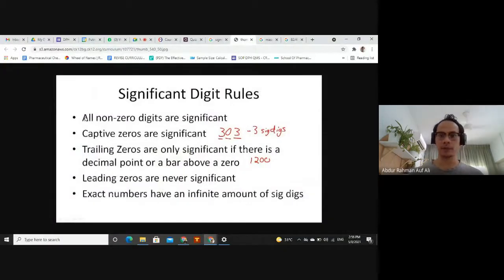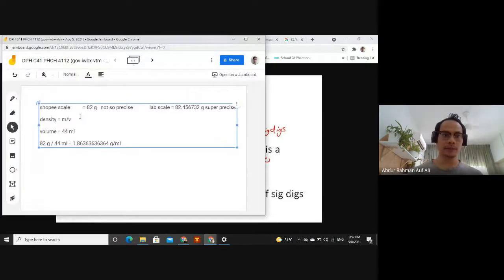Kalau dia bukan kosong, dia significant. So that means 8 ini significant, 2 is also significant, 4 is significant, this 4 is also significant. So we only know 2 significant saja, 2 sig figs only. So kalau kita nak report our final data, final value, mesti dalam 2 significant figure juga.